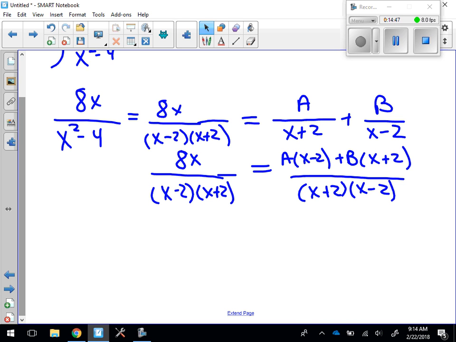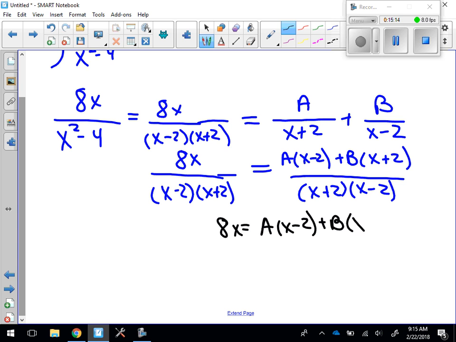No, I don't know what A and B are. I'm not done. Nor have I solved my integral, which was my whole point. Okay. So once again, transport yourself back to last year, or really anything you've ever done with me. If the denominators are the same, then the numerators have to be the same too. Right?